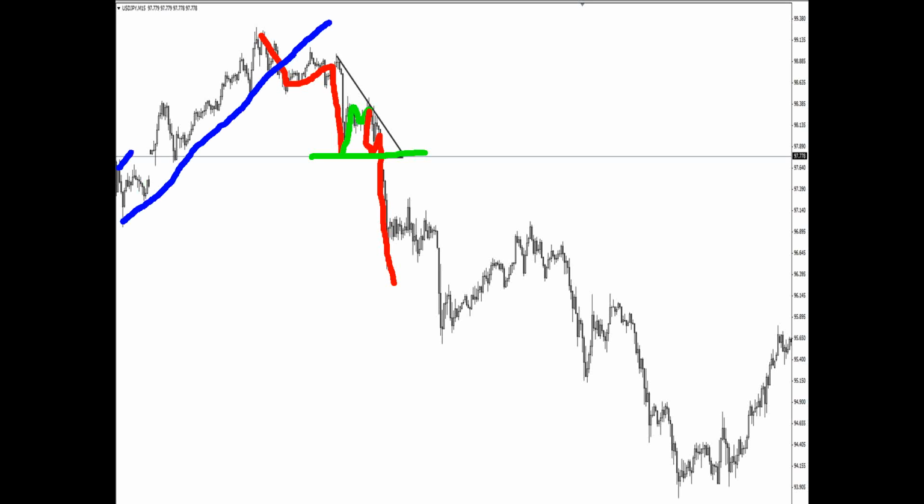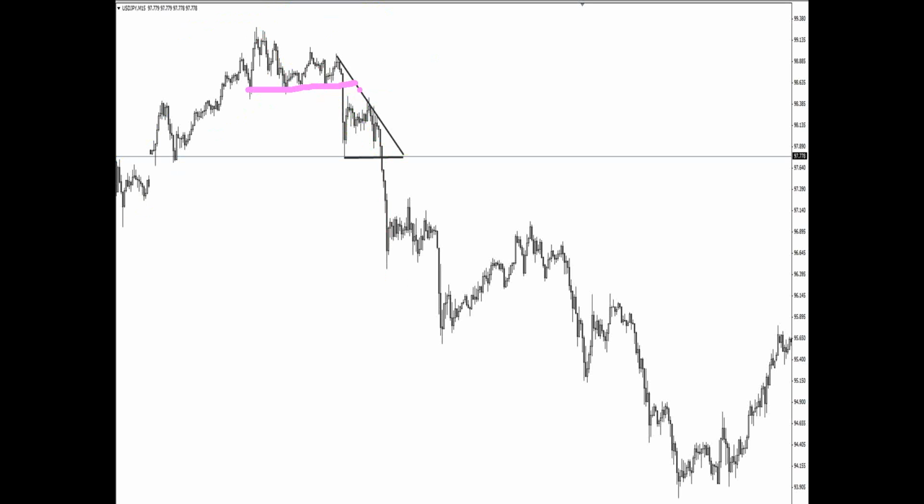So the descending triangle, as you can see, is a great example of a successful continuation pattern. You can see the bullish trend, and then it was reversed to a bearish trend, and after that you see a successful breakdown of lower support, and then the price proceeded further.